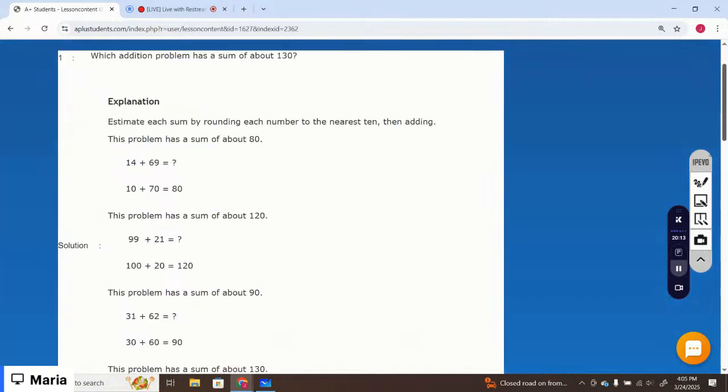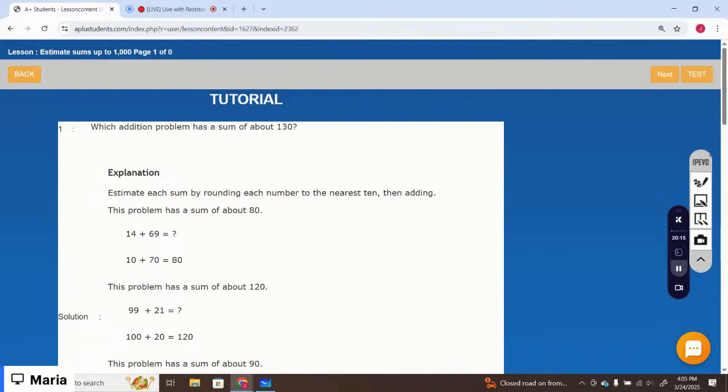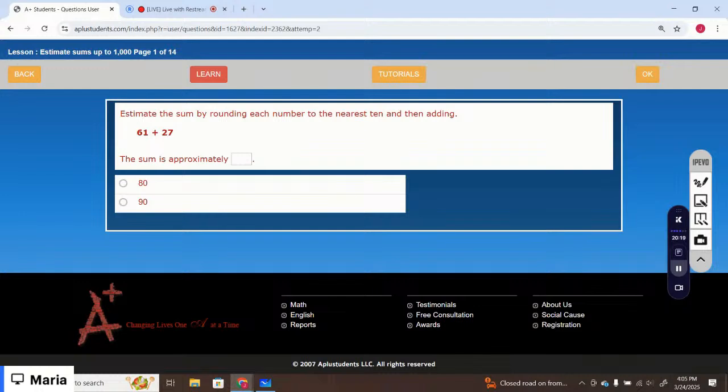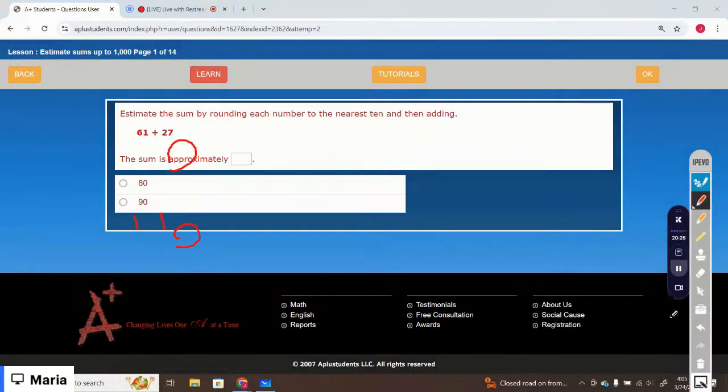Let's just start with the test questions. Estimate the sum by rounding each number to the nearest 10 and then adding. So we have to round them to the nearest 10 and then add 61 and 27. 61 is rounded to 60 because that is just one number away from 60. Then we have 27. 27 is about 3 points away from 30, so it would be rounded to 30.